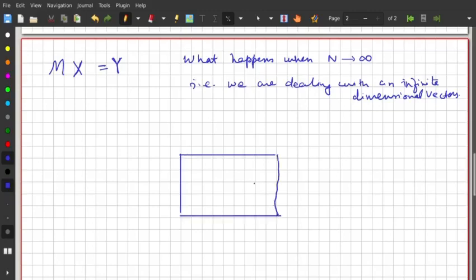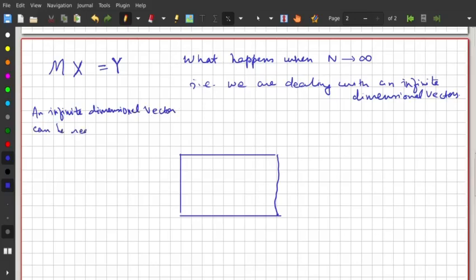So now we need a very useful mathematical realization that an infinite dimensional vector can be realized as a function.